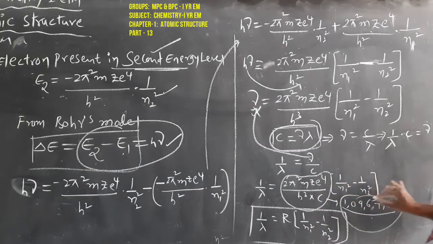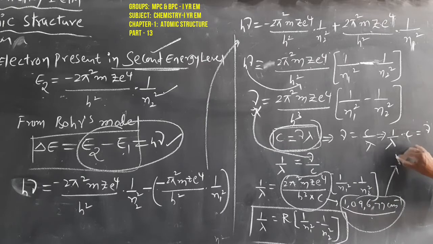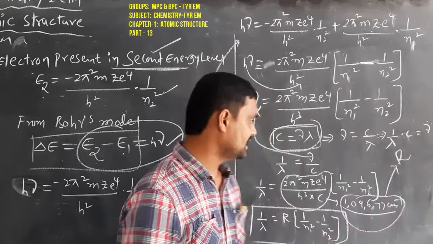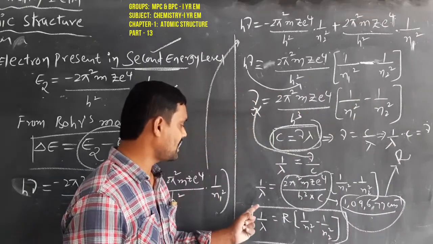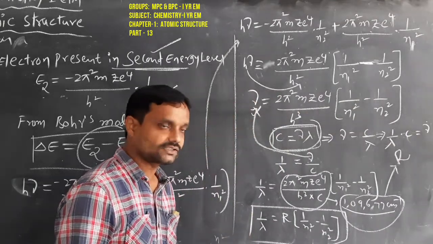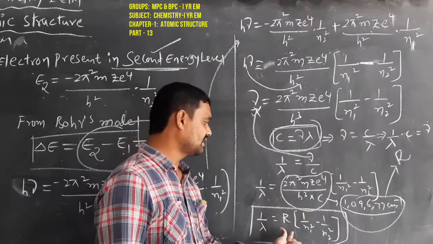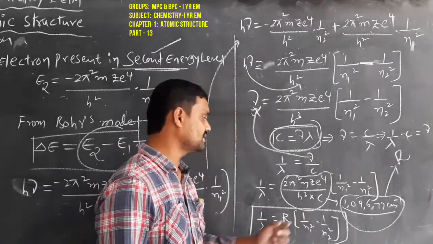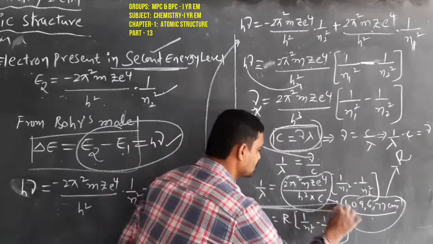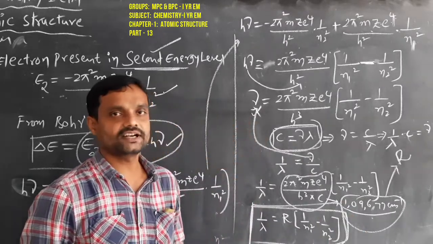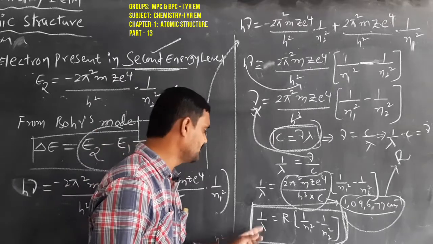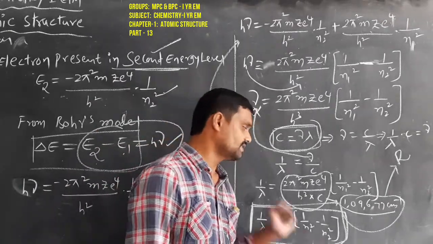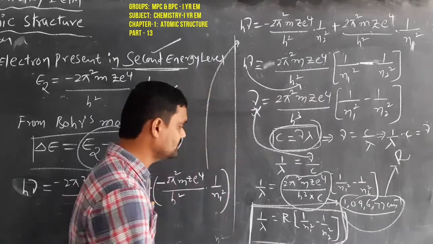This value is called the Rydberg constant, capital R. Then the equation becomes 1 by lambda is equal to capital R into 1 by n1 square minus 1 by n2 square. This is the final equation.